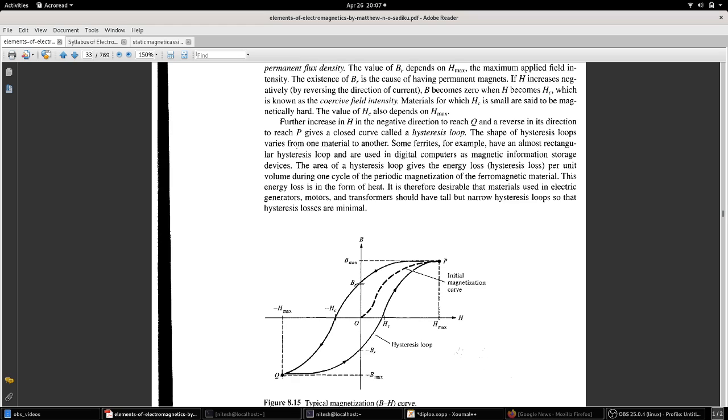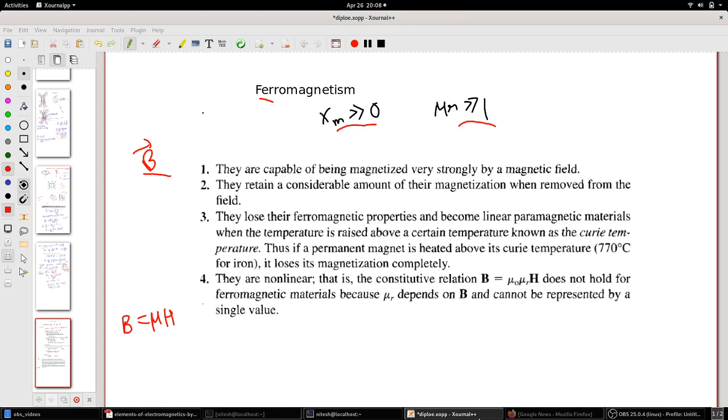Now if you increase the H again, it doesn't go to 0, it follows this particular curve. This loop is called a hysteresis loop. So just go through the book and you will be able to understand.